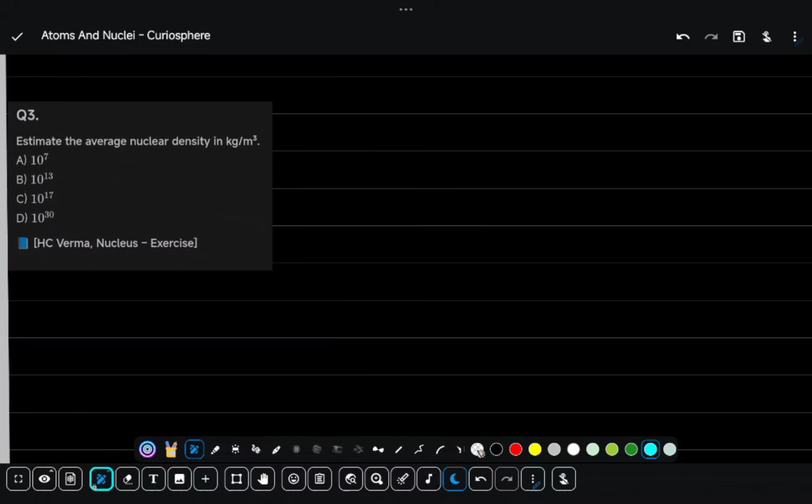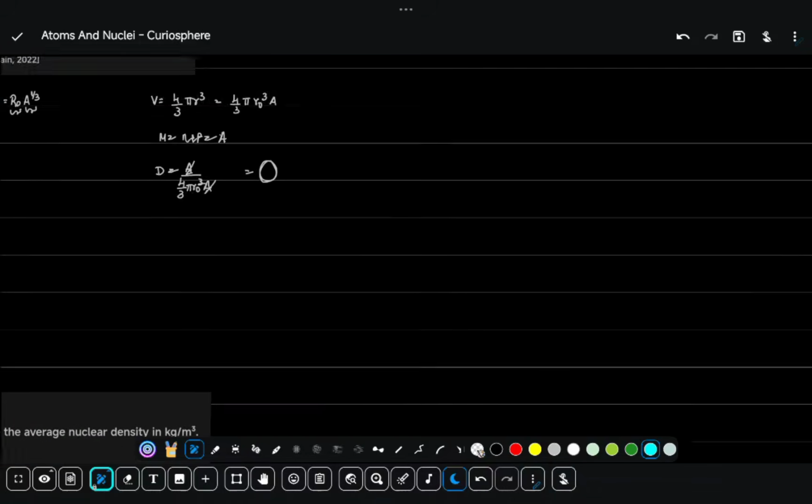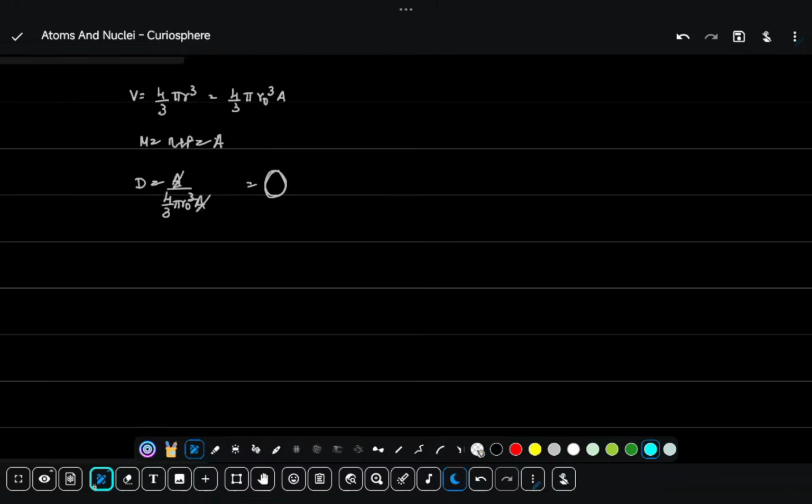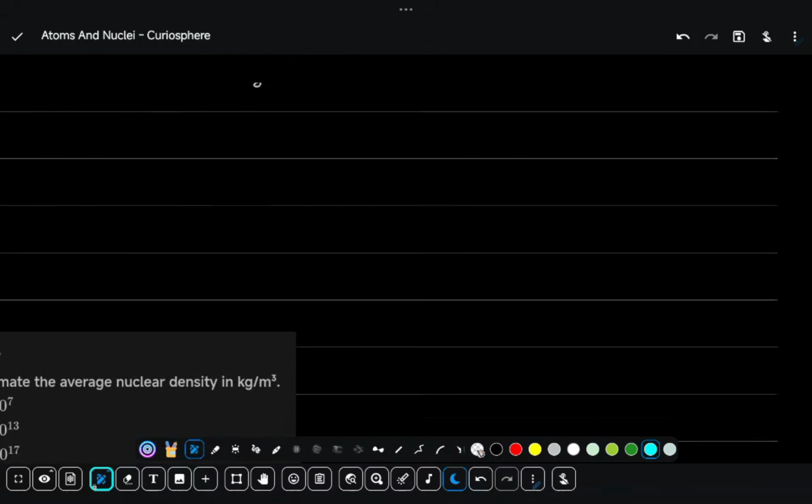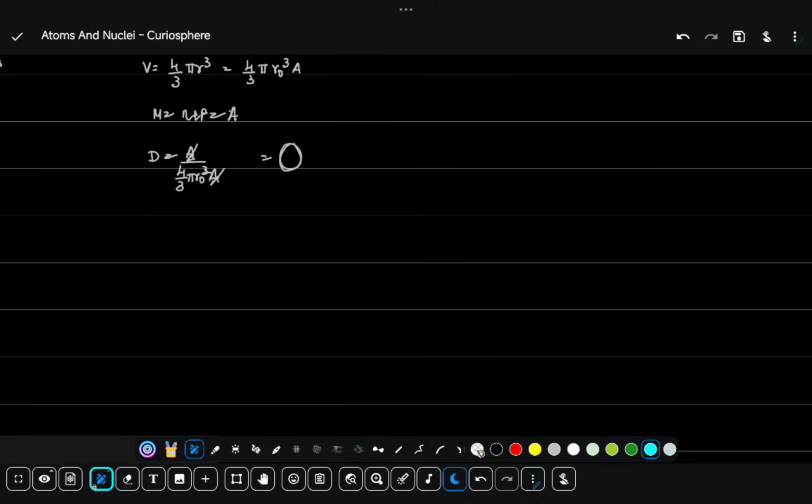Now just now we derived the formula for density, right? Average density is nothing but density, simple, just calculate the density now, right? This one, you bring this to the numerator, density, or you can have it as rho, okay? Instead of D, you can have it as rho if you want.